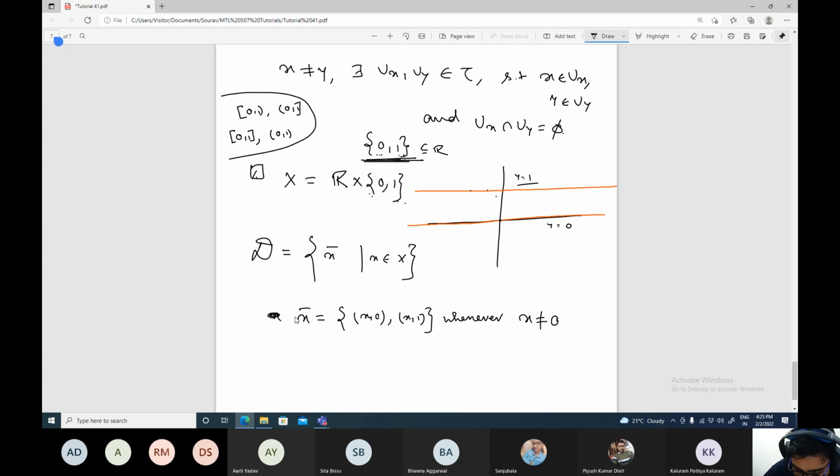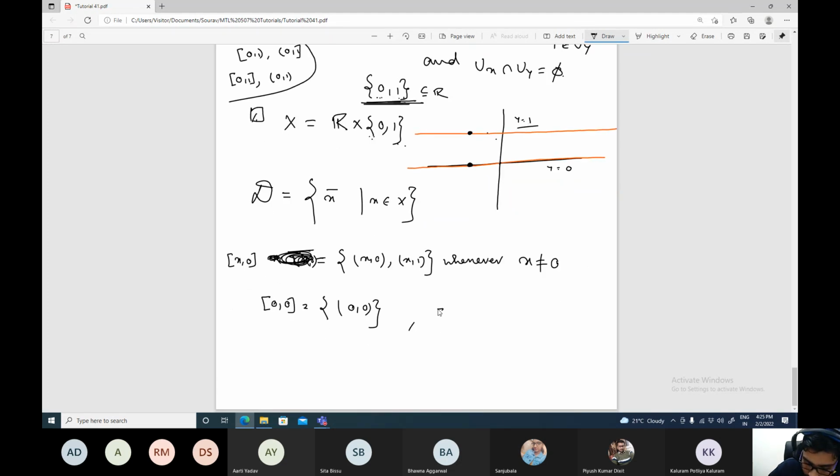Let me write it explicitly: x bar contains (x,0). If this is your x and this is your (x,1), then we identify these two in a quotient. Means in the partition these two will be in the same set.